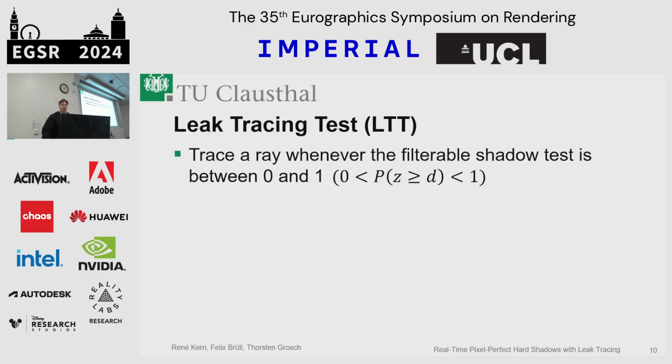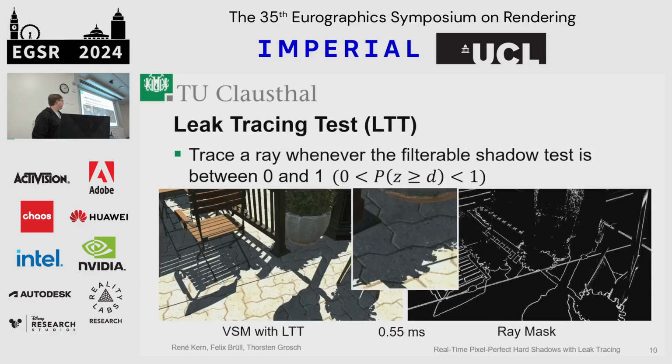So if the probability is not completely sure that this point is actually in shadow or lit. And with this, we are able to produce pretty good results in only a fraction of the time. So this is only 10% slower than normal variance shadow maps and 60% faster than ray tracing for this example.